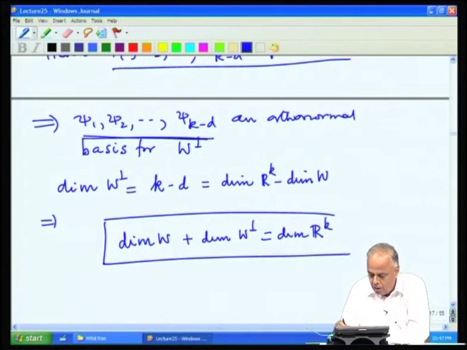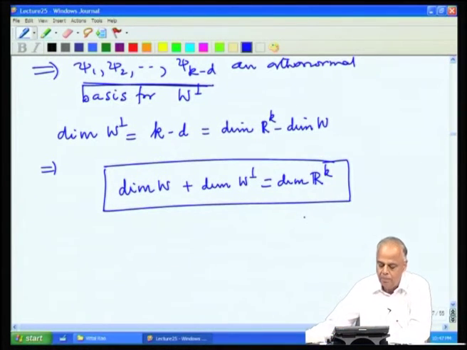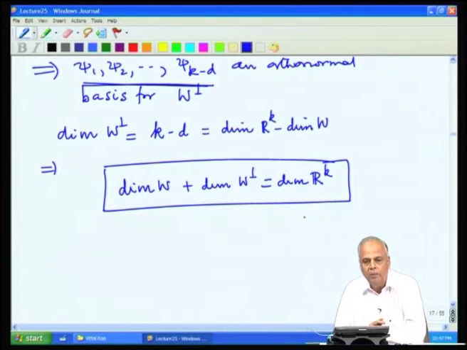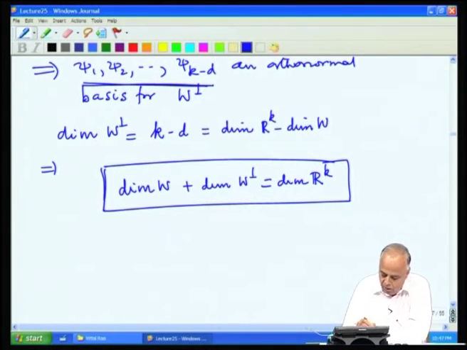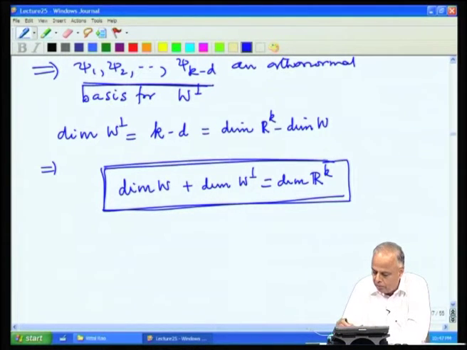This is a very important fact, namely that if you have any subspace W of R k, then the dimension of W and the dimension of its orthogonal complement add up to the total dimension of the whole space. This is a very useful fact which we will use shortly.